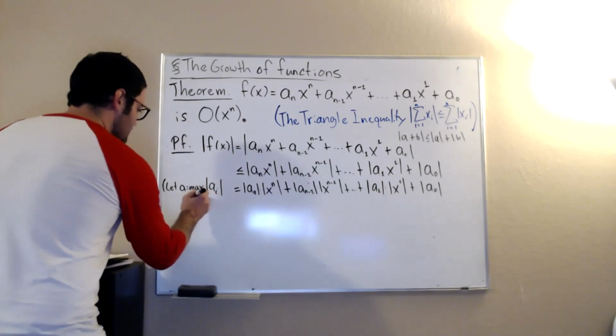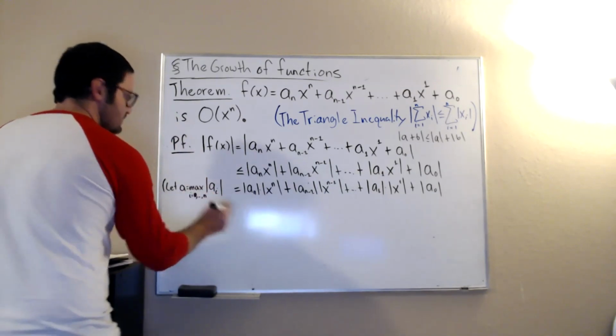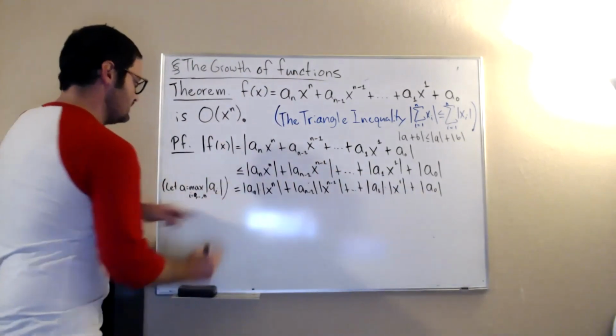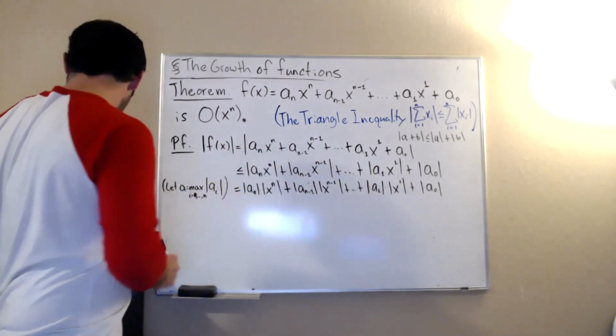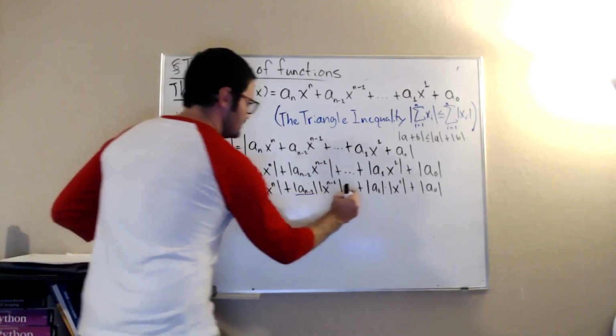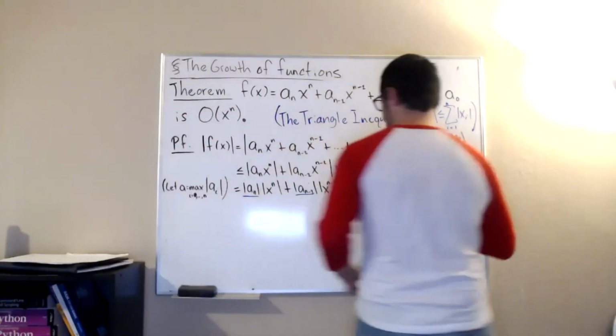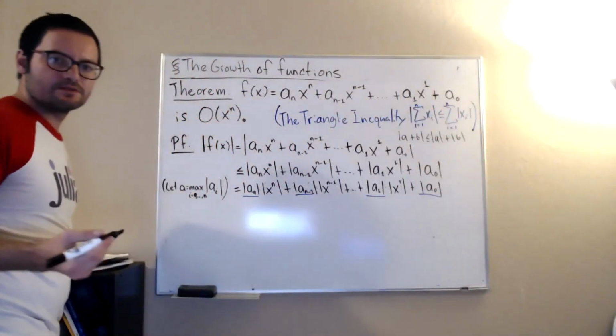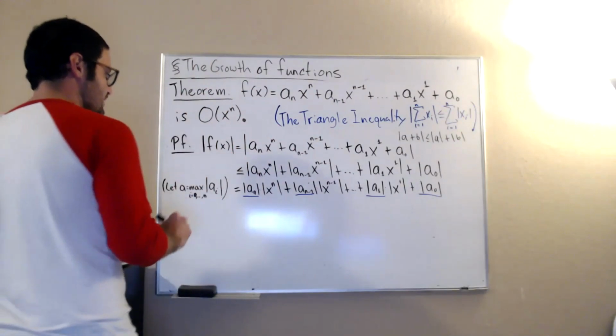Oh, 0, because there's a 0 over there. So among all of those, this piece, that one, that one, all the way through, I let A just be the maximum of all of those numbers. Those are all numbers, so I can say A is the maximum.